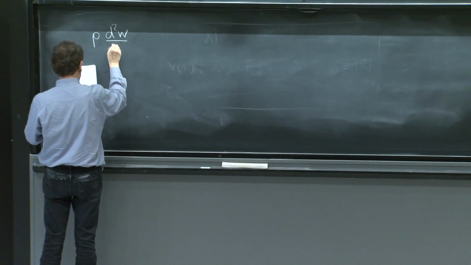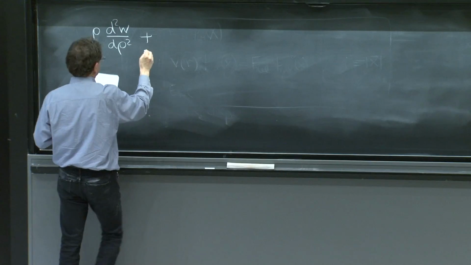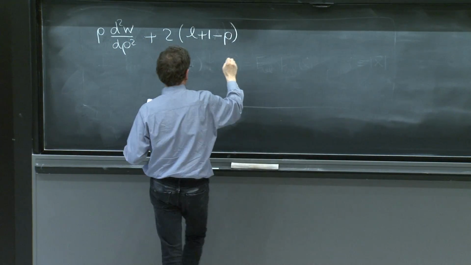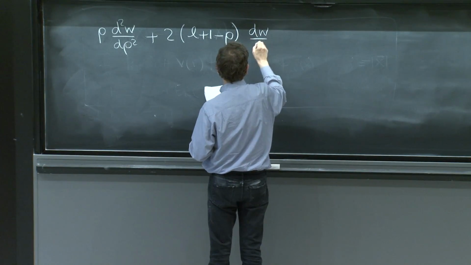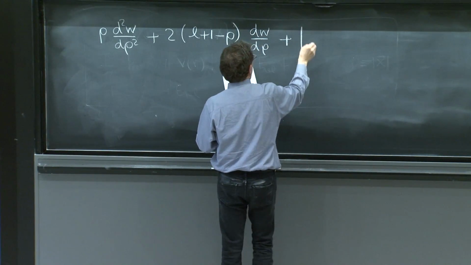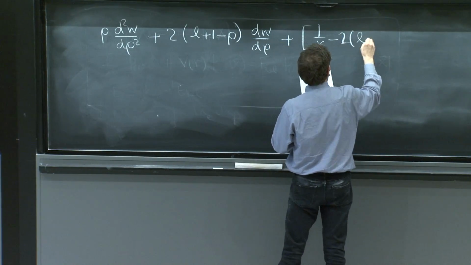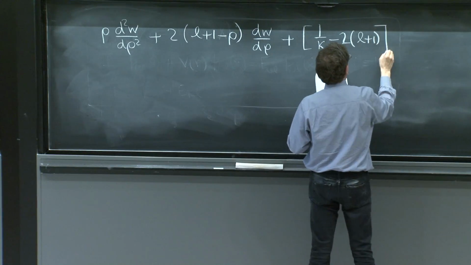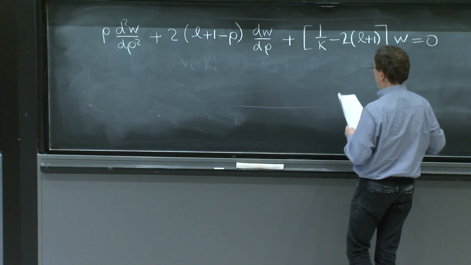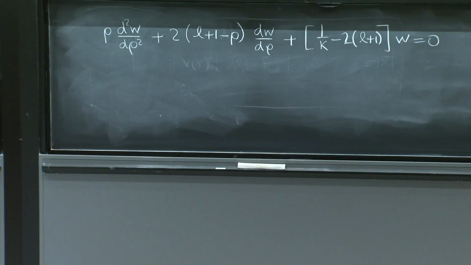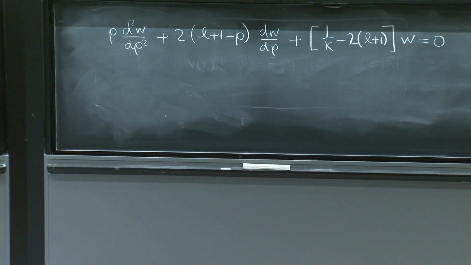The second derivative of w with respect to rho squared, plus 2 times L plus 1 minus rho, times dw d rho, plus 1 over kappa minus 2 times L plus 1, times w equals 0. Okay, aesthetically it looks worse. Certainly that equation on the left board looked nicer.